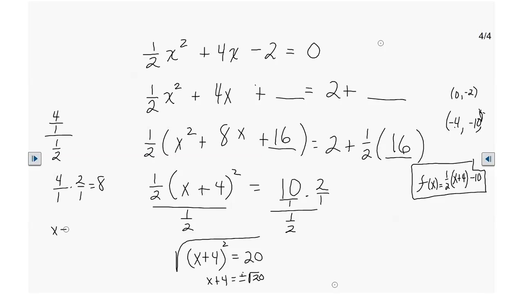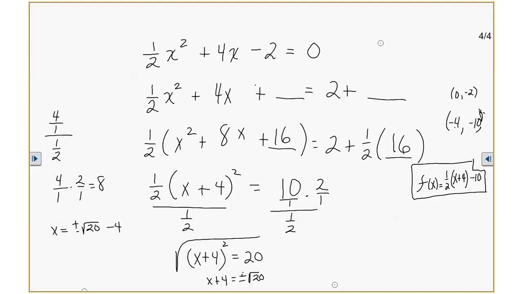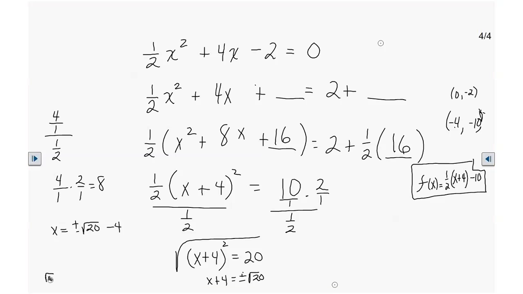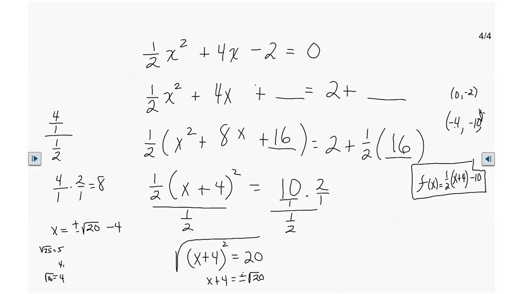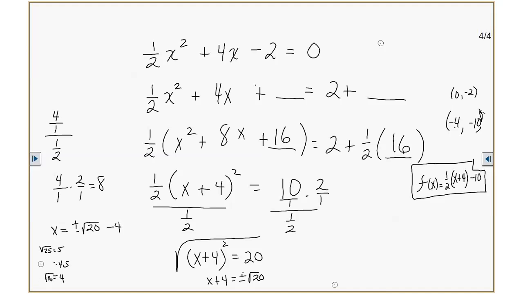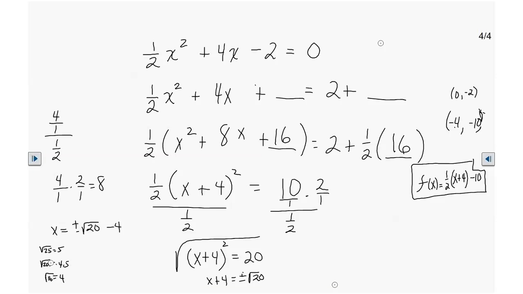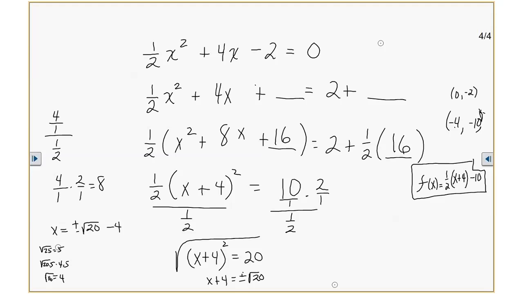X is equal to positive or negative square root of 20 minus 4. Square root of 16 is what? 4. Square root of 25 is 5. 4.5 is in the middle. 4.5 squared is 20.25, so I'm gonna say 4.4.